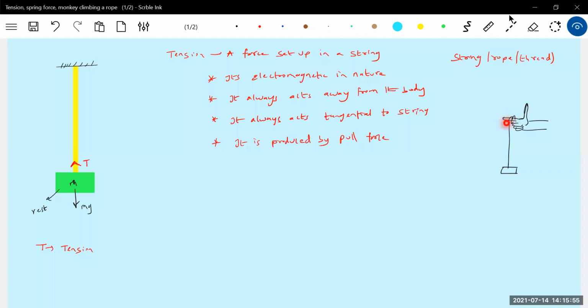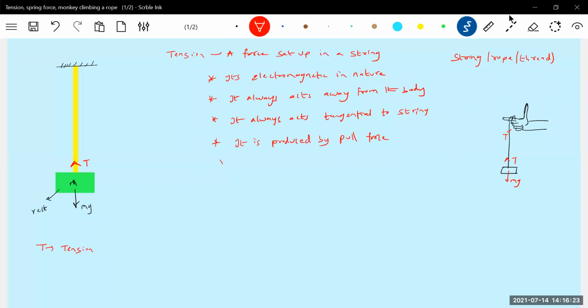You take a string, put a knot on your finger, then suspend an eraser or some object. Then what is the state of this eraser? It will be at rest, its weight will act. Who will balance it? The tension. Very simplified approach here, nothing big. The string will balance the weight of the block here.